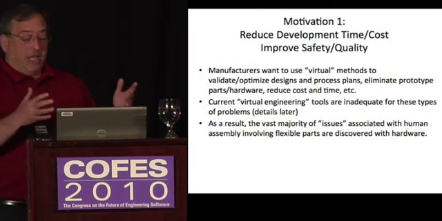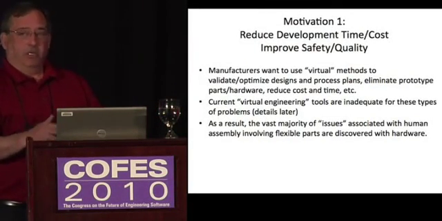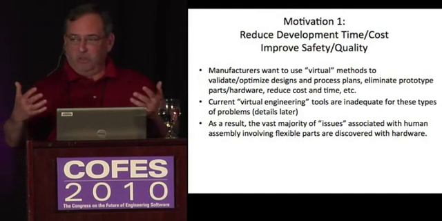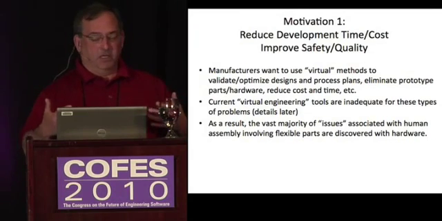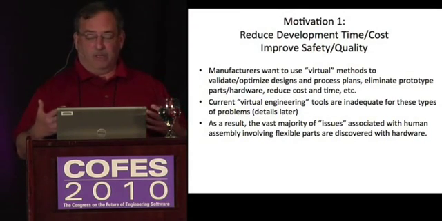Sometimes pretty pictures help to do this, but the pretty pictures rely on the human to interpret the picture and to identify the problem. It's much better if the computer can do that for us. And I'll maintain that our current virtual engineering tools are inadequate for these types of problems, and we'll walk through the details here in a minute. So as a result, yeah, I probably should have brought a chart.